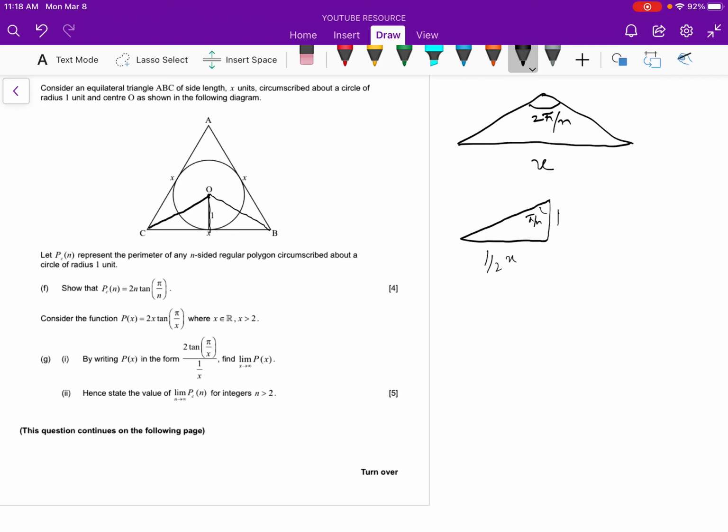So we can simply use opposite over adjacent, which is tan(pi/n) equals opposite, half x, over adjacent, 1.